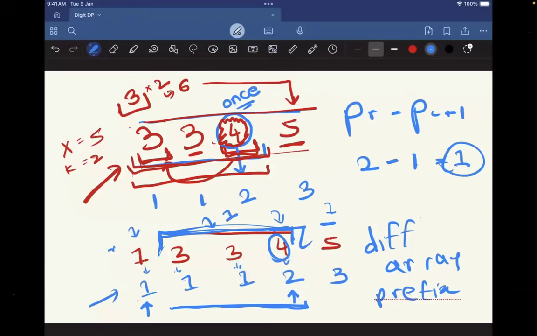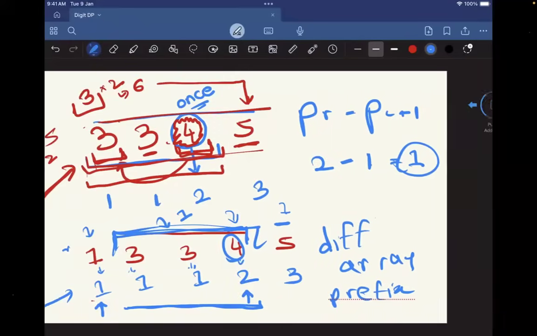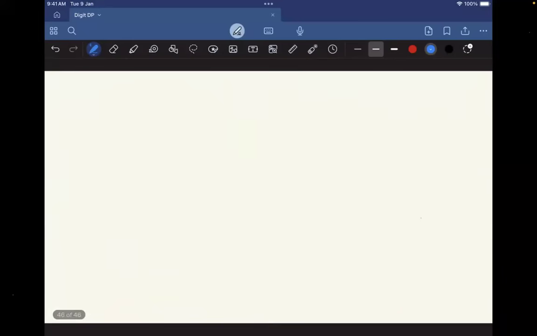Okay. If this is indeed clear for everyone, if the approach is clear, let me show you how we went about coding this. And before all of this, let me ask you one thing. Do you agree that one possibility is that before killing any element, I do my k is equal to x moves?